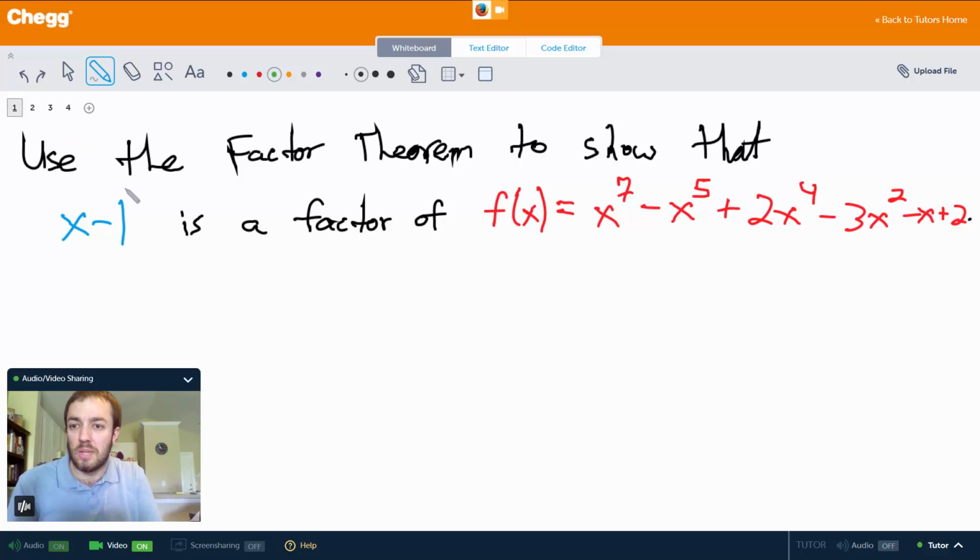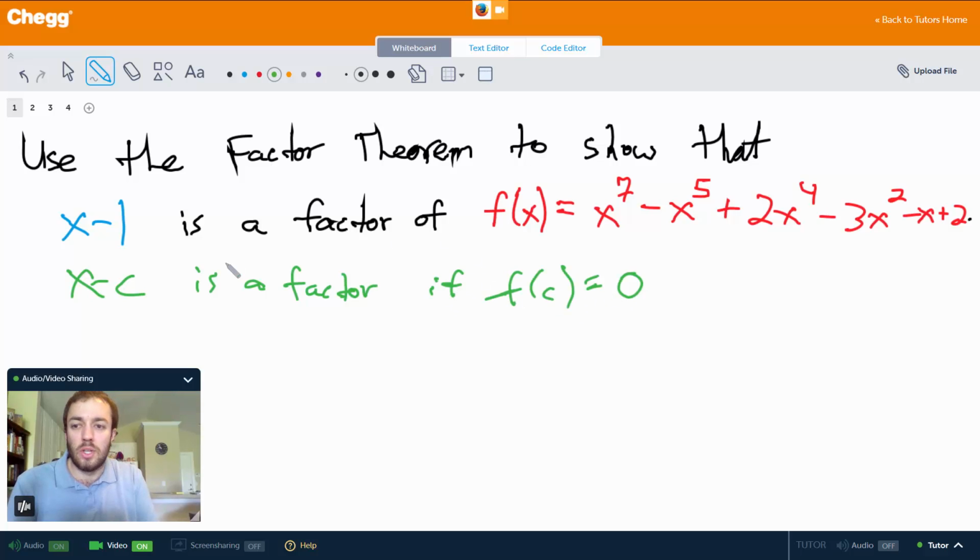Now let's go ahead and see how to use this. Remember, x minus c is a factor if f of c equals 0. In our case, c equals 1.